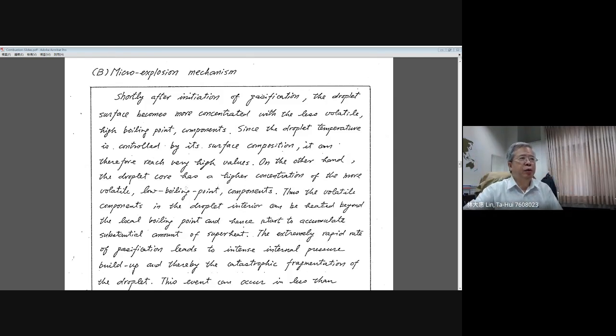Okay, let me read through it, and you can quickly understand by following the sentences. Here they say, shortly after initiation of gasification, the droplet surface becomes more concentrated with the less volatile, high boiling point component. That means they need to go through the preheating process on the liquid surface.